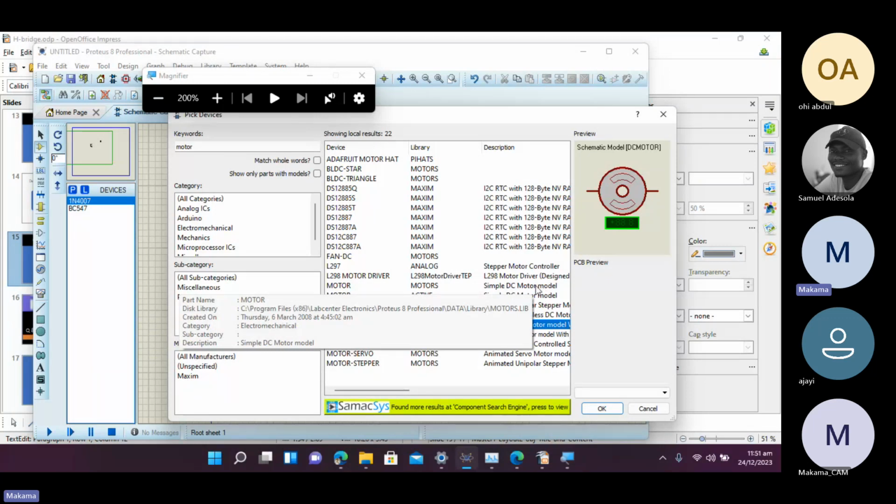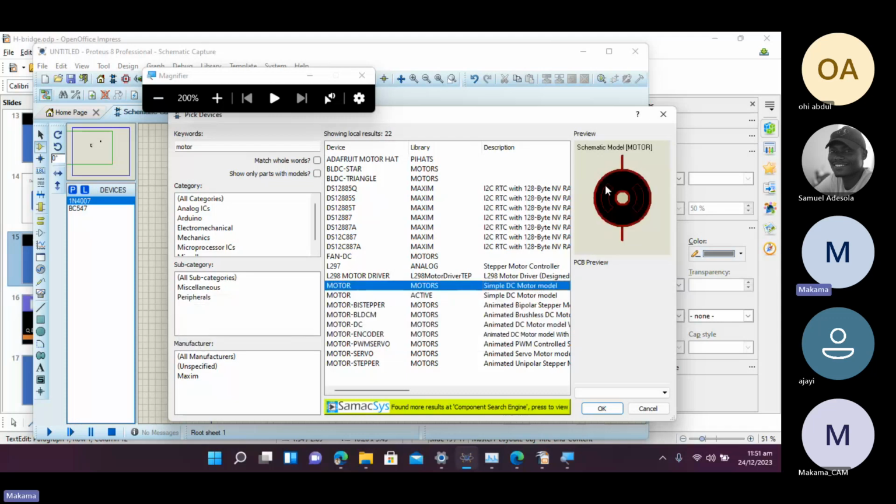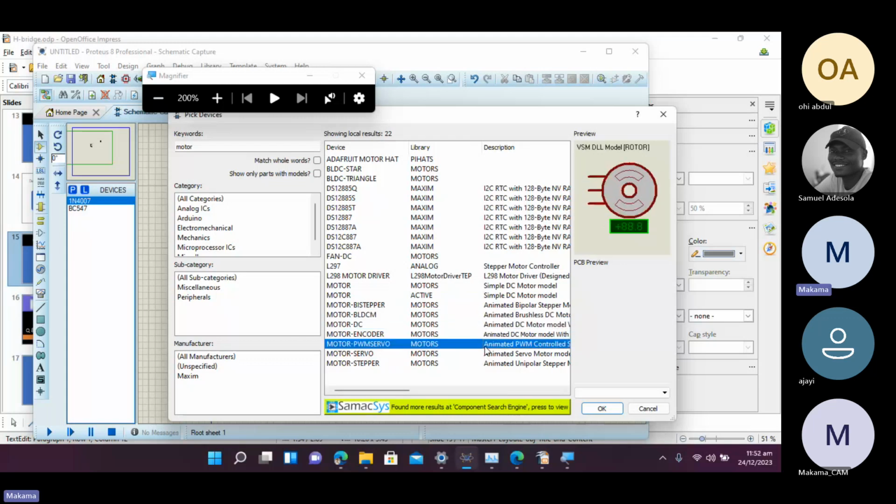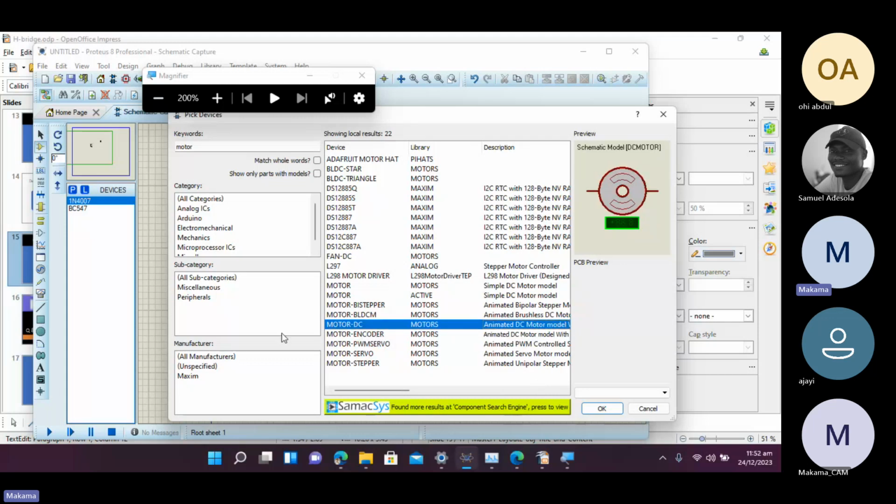They are just meant to show a schematic. Let's see an example of this one. It's just a schematic model. If you power it, it will not rotate. It will not show any sign of rotation. But once you make use of these animated ones, if you power them, they will show some output. So take note of which device to choose.